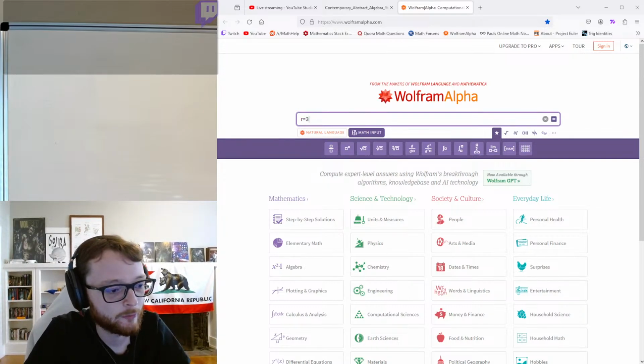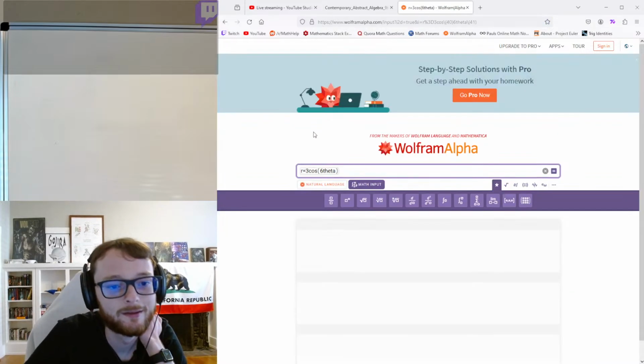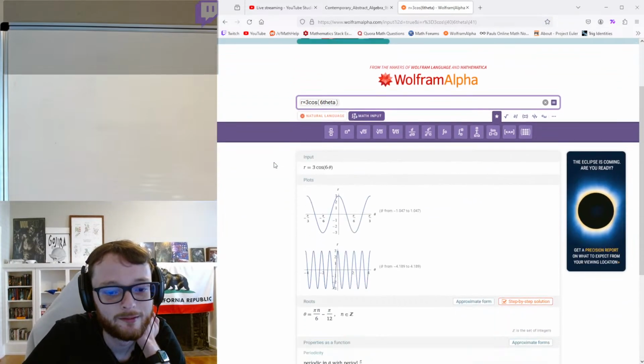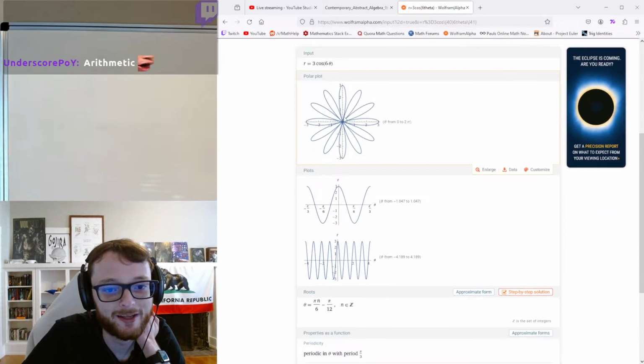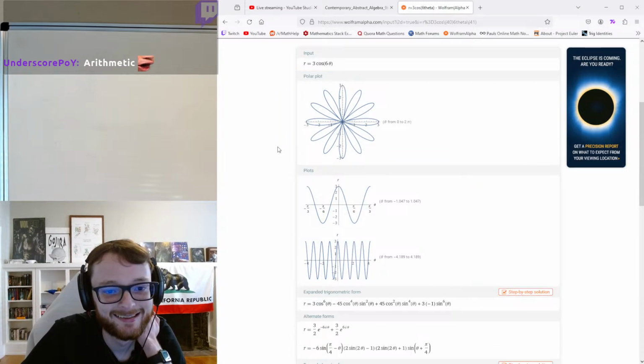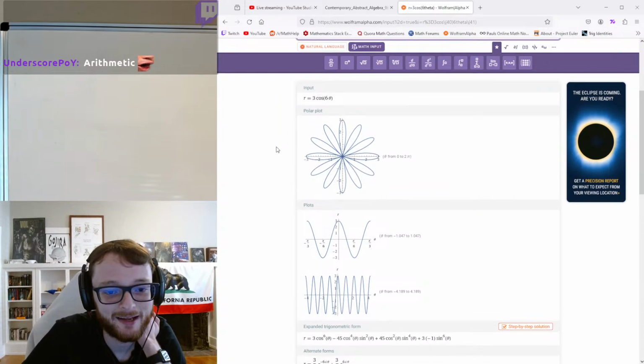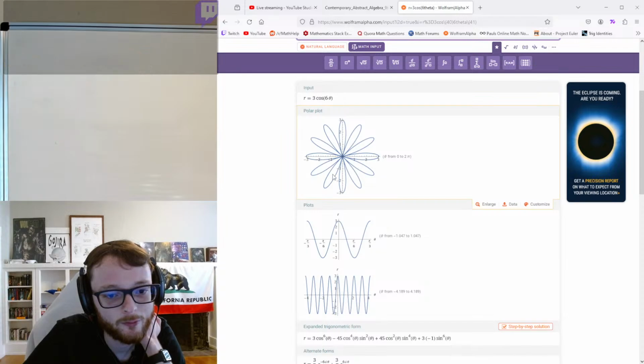Um, 3 cosine 6 theta. Oh wow, yeah. I can try and Google it and figure out if you're asking how many petals there are. I assume it has to do with the 6, like 1, 2, 3, 4, 5, 6.